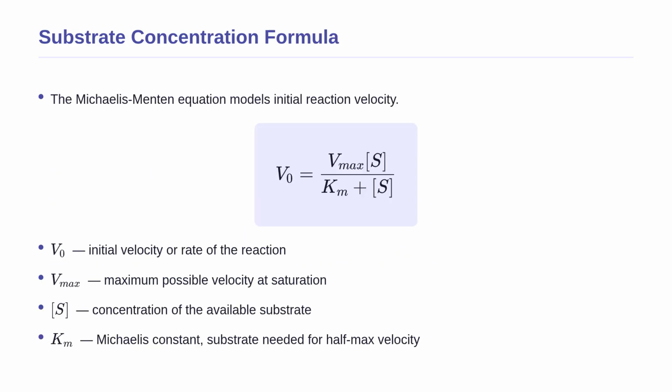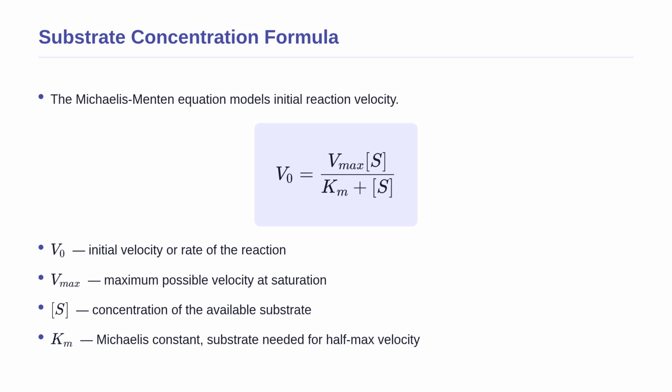To truly understand how substrate concentration affects the reaction rate mathematically, we use a fundamental model called the Michaelis-Menten equation. This equation captures the biological reality that enzymes can become saturated. Let us look at the variables. V0 represents the initial velocity of the reaction.